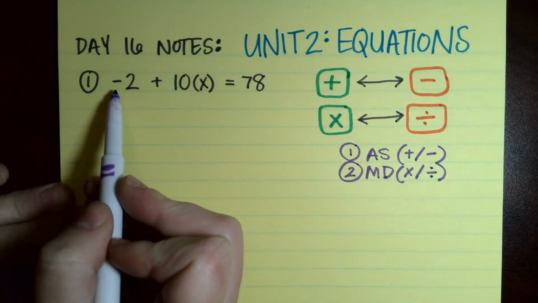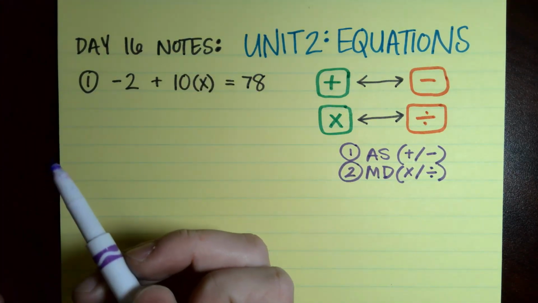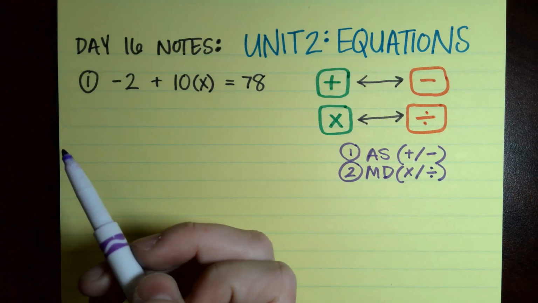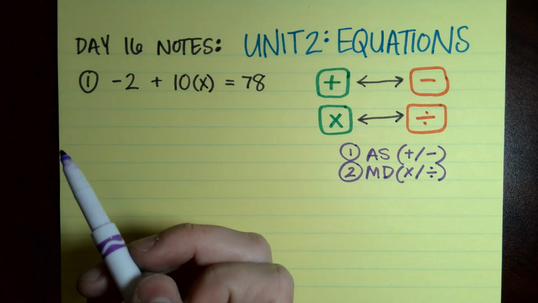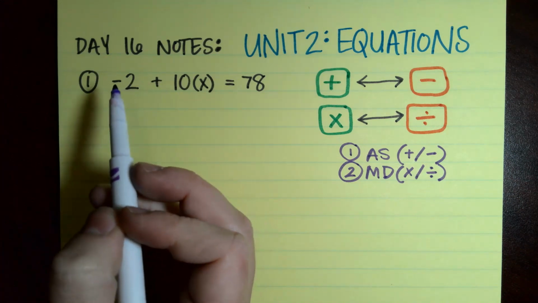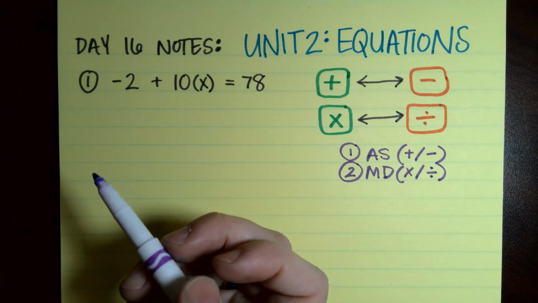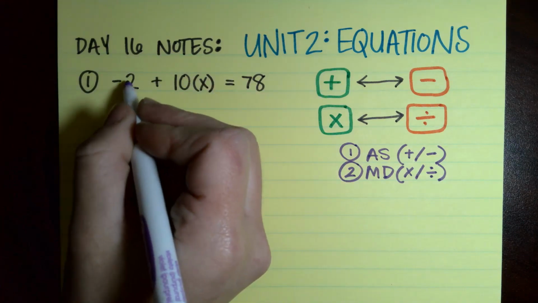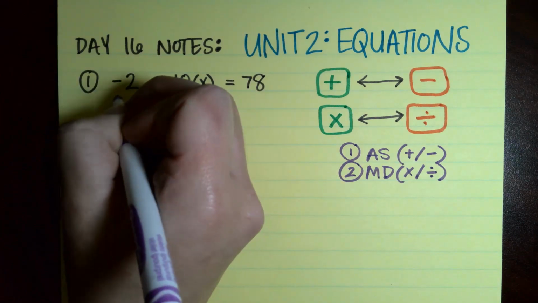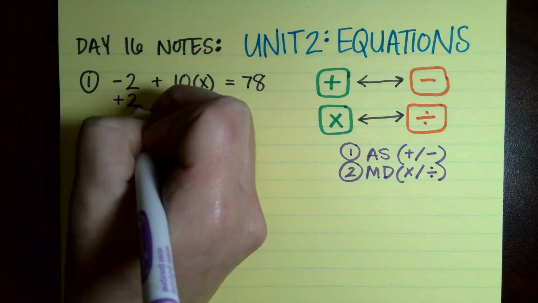So if I have a -2, what do I need to do to get rid of it? Yeah, really, if we have plus -2, we're going to do the opposite, which is minus -2. Or we could just see that we have -2, and we're going to do the opposite here, which is +2.